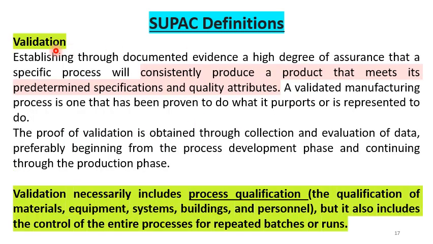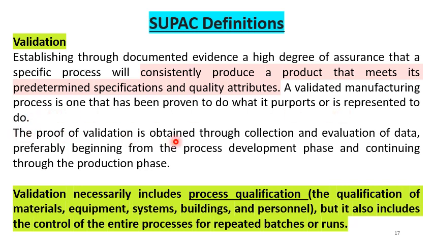Then validation. All of us know that validation is establishing through documented evidence that our process is capable of consistently producing the desired quality product. Its definition is establishing through documented evidence a high degree of assurance that a specific process will consistently produce a product that meets its predetermined specifications and quality attributes. A validated manufacturing process is one that has been proven to do what it purports or is represented to do.